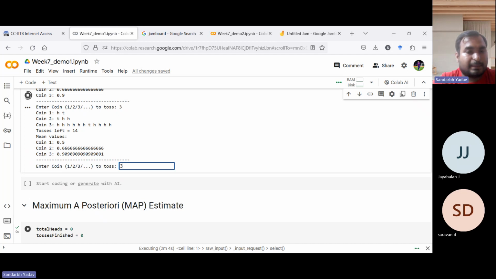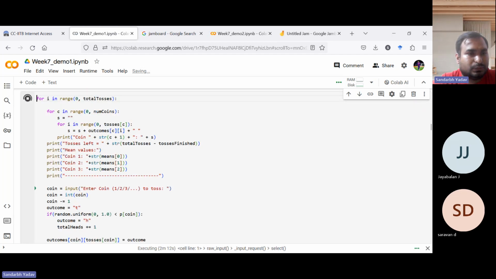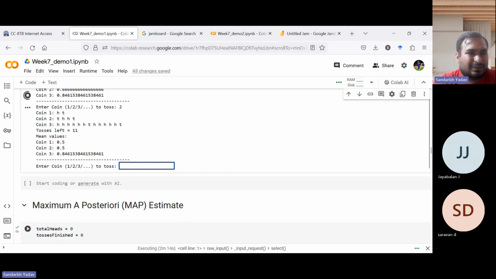Again heads and heads. Now it gave tail. Maybe now you want to try out coin two. It gave tail. So probably it's 0.5 only. Maybe you want to explore coin one one more time. It gave head. Let's explore one more time.